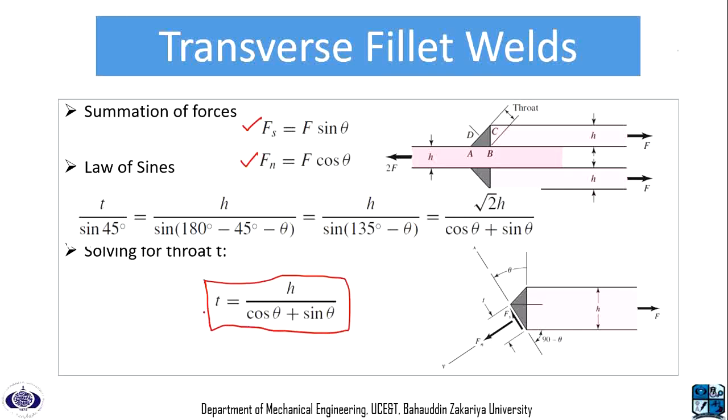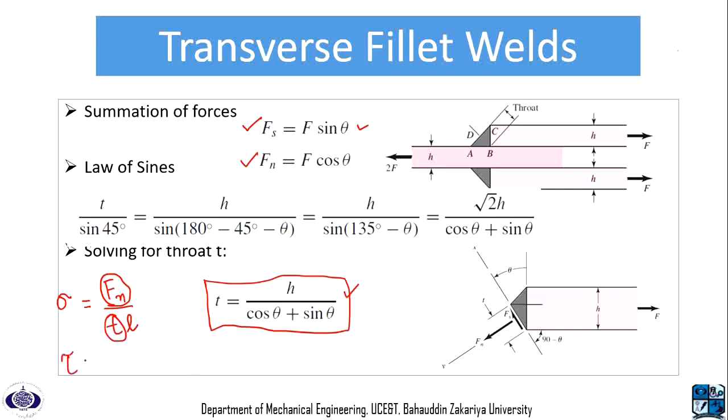Now we can plug these values in our formulae, which were normal stress is equal to Fn over T into L. Fn will be replaced with F sine theta. Similarly, T will be replaced with H over sine theta cos theta.